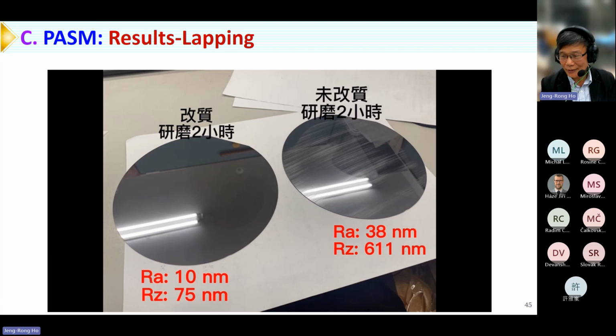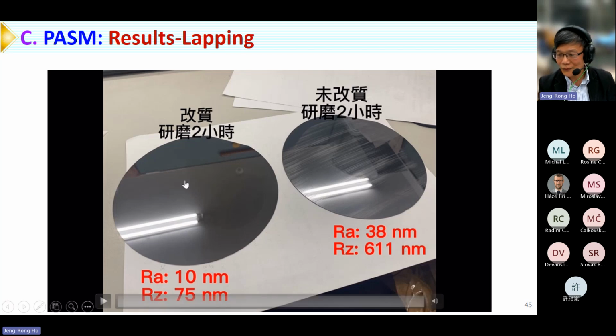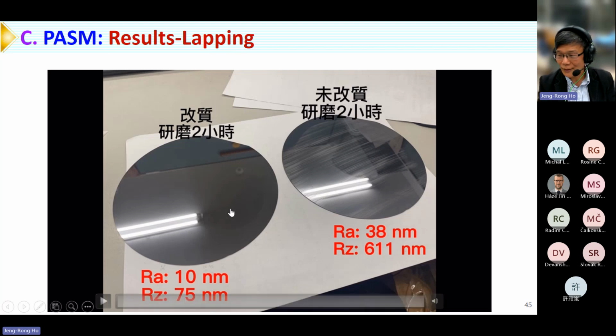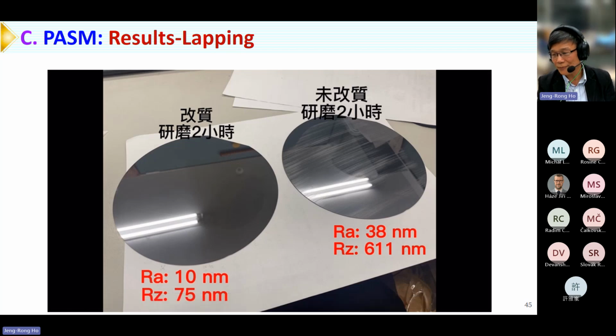So this is just a quick initial check, to very quickly conduct our PSM measure on 4 6-inch silicon wafers. Because the slurry includes diamond powder, it can lap away the surface roughness, even if the surface is without any modifications.